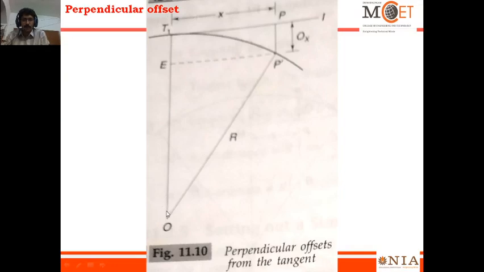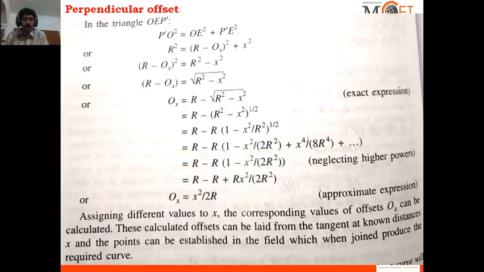OE, see, OT1 is R. From that we have to subtract T1E, right? So (OT1 minus ET1) the whole square. OT1 is R, minus ET1 is OX, the whole square, plus x square.